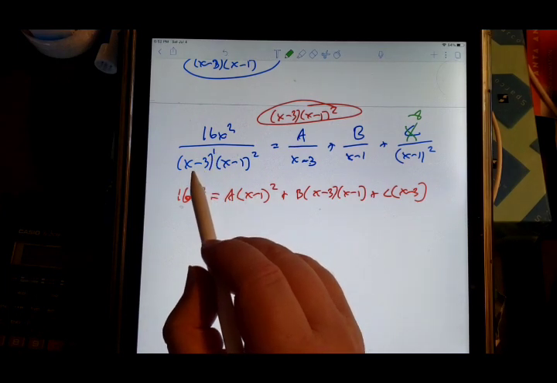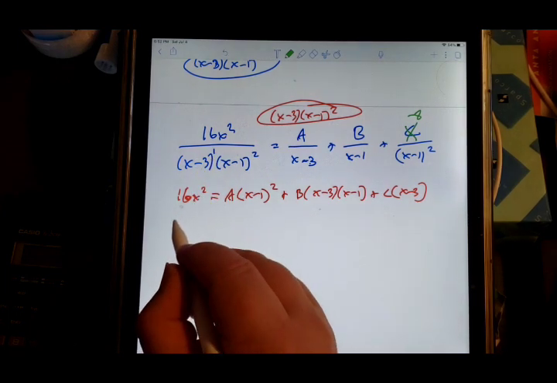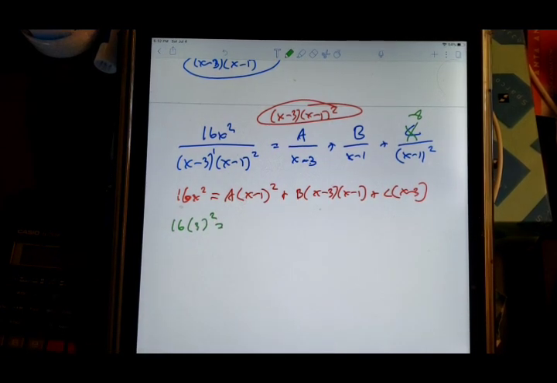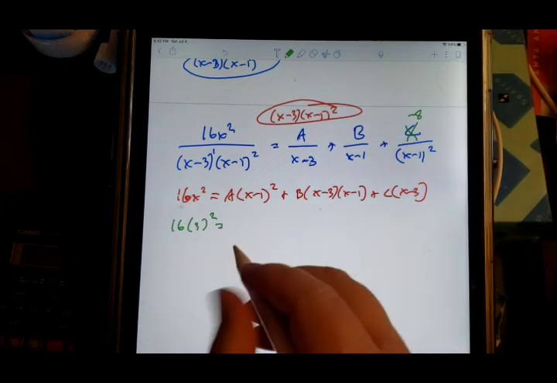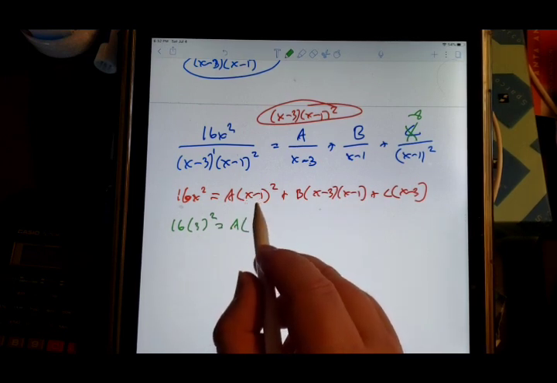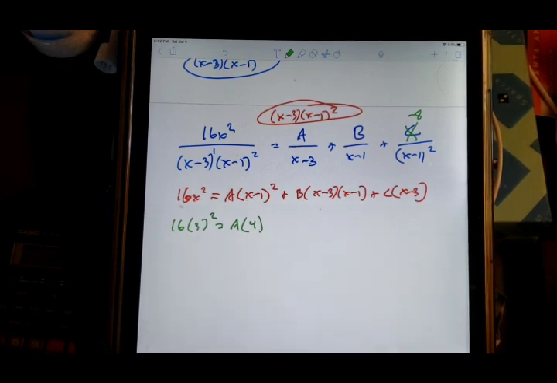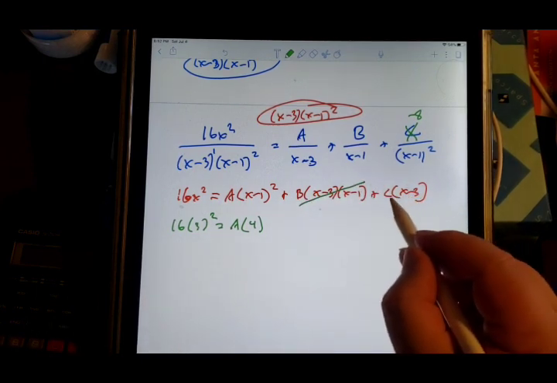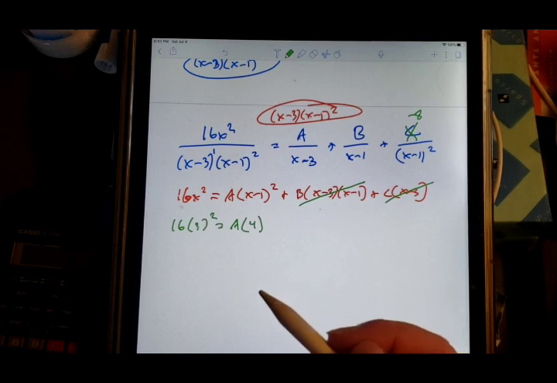So hopefully you see that, right? If x were 3, this would be 16 times 3 squared. This would be a times, well, 3 minus 1 is 2. 2 squared is 4. And this would be 0, and this would be 0.